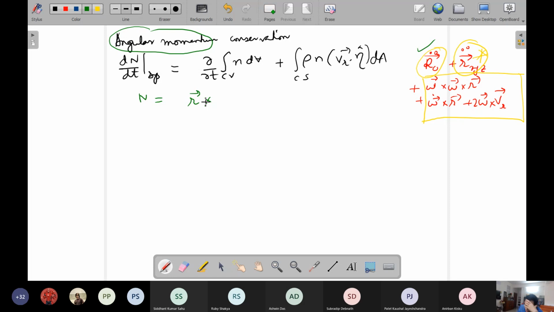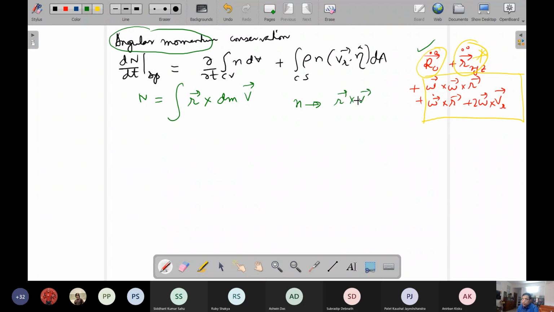Now, when we say r cross mv, we are imagining a single particle with a mass m, but here it's a fluid system where every individual mass element may have a velocity v. So you can imagine this is better as r cross v dm integrated over the entire mass. Okay. So small n is nothing but this expressed per unit mass. So this is r cross v.